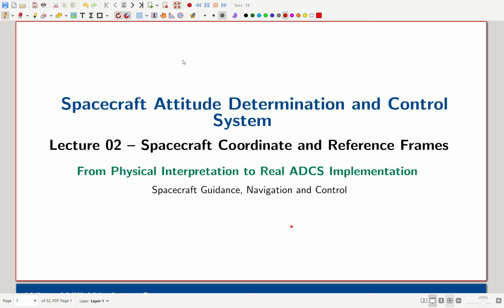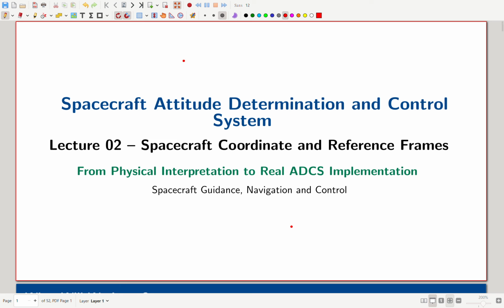Attitude tells about the rotation, the orientation of the spacecraft, and we outlined a set of applications for why we need to control the attitude.